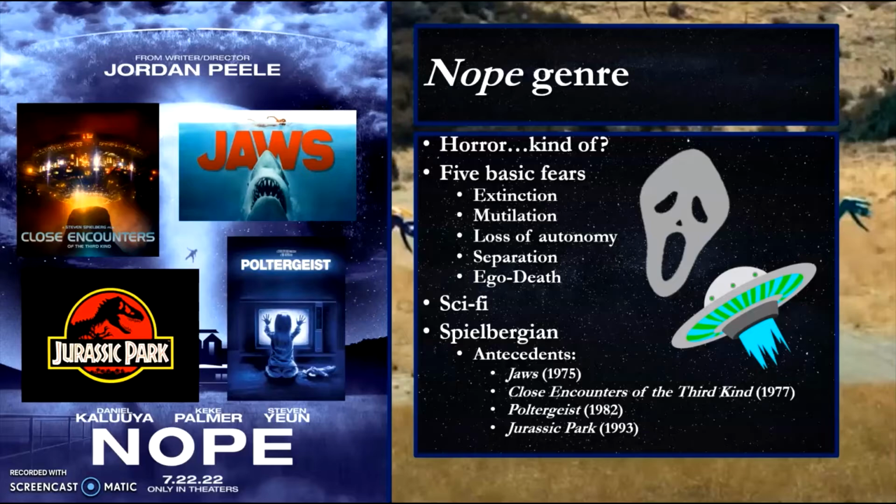There are 5 basic fears that humans generally all have: fear of extinction or death, fear of mutilation or getting injured or hurt, fear of the loss of autonomy or losing control of yourself, fear of separation from people you care about, just fear of being alone, and then fear of ego death, which is fear of losing your sense of who you are, your identity, etc.